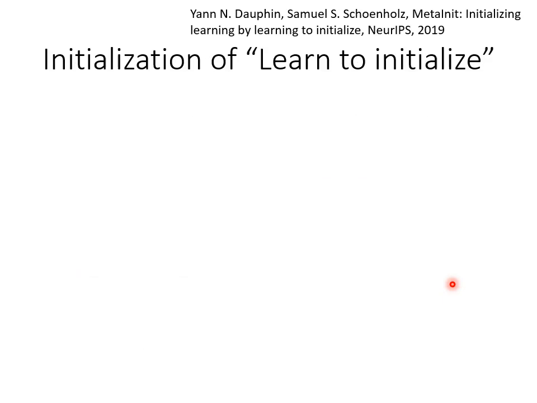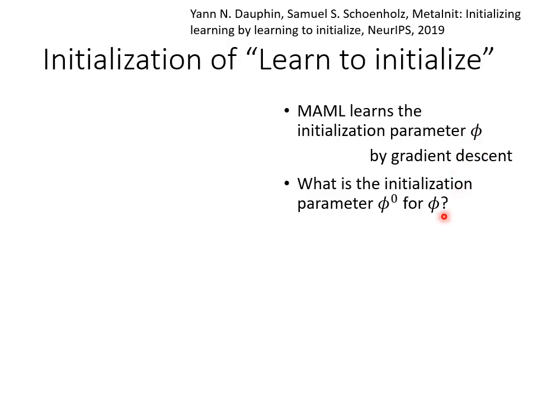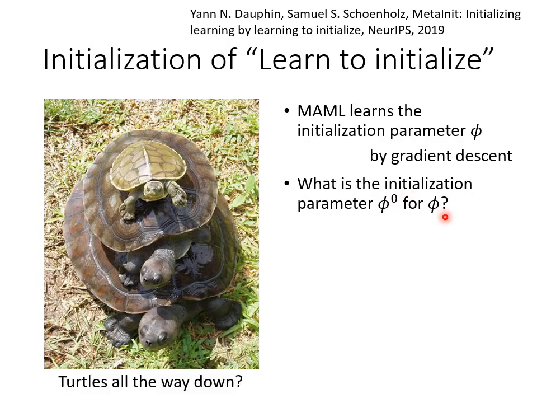And there are some issues in learning to initialize. In MAML, we try to learn the initialization parameter phi, and this is done by gradient descent. But as you know, if we want to use gradient descent, we have to initialize the parameter. So to use gradient descent to train phi, you have to initialize the parameter of phi. You need phi 0 as the initialization of phi. Then this becomes the problem of turtles all the way down.